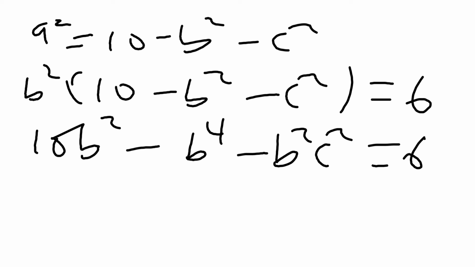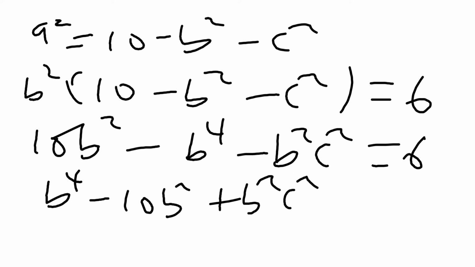If we multiply through by -1 and take 6 to the left hand side, we will have b to power 4 minus 10b squared plus b squared c squared plus 6 is equal to 0.